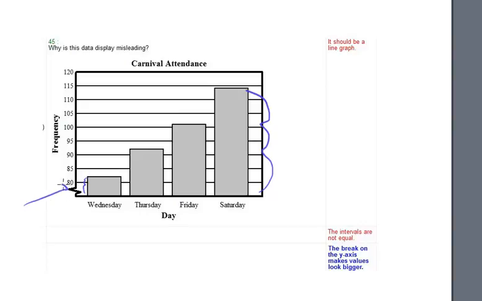But there's a break right here in the frequency part on the y-axis. So that went from 0 to 80 almost instantly. So this piece from 80 to 130 is much larger than this 0 to 80. So it can be very misleading. So we have to be careful with that.